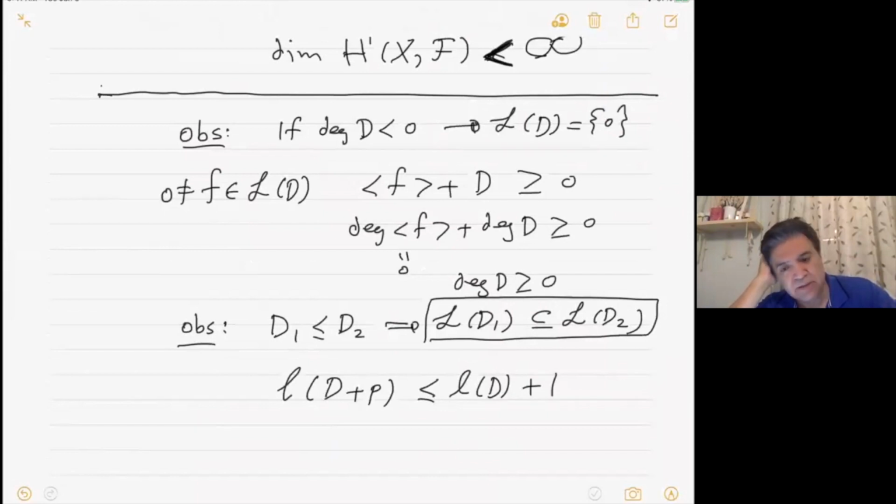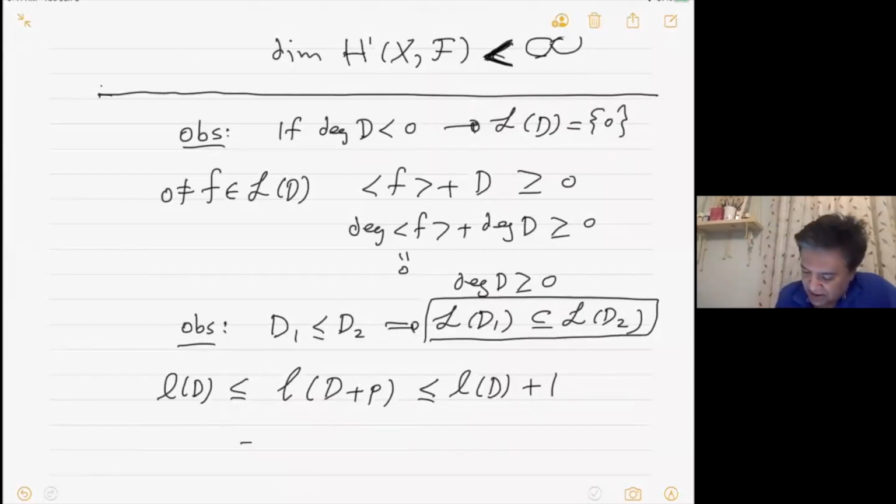L of D plus p is of course bigger than L of D, because if D1 is less than D2, then L of D1 is contained in L of D2. So this shows that if you add a point to a divisor, the space will be increased at most by 1. And therefore, this implies not only that the dimension is finite, but that the dimension of L of D is less than the degree of D plus 1.